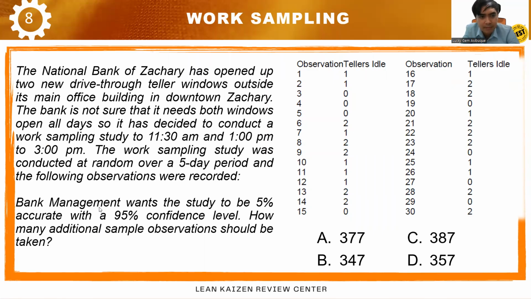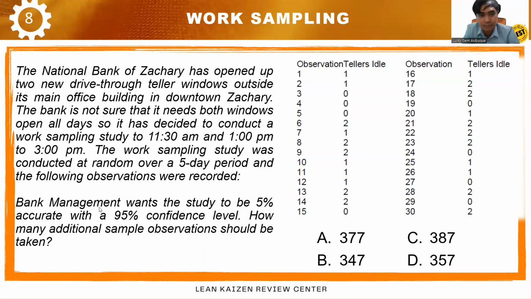So bank management wants the study to be 5% accurate with 95% confidence level. So how many additional sample observations should be taken? So again, the question here is additional observations, so we will subtract 30 observations from what we will be getting.